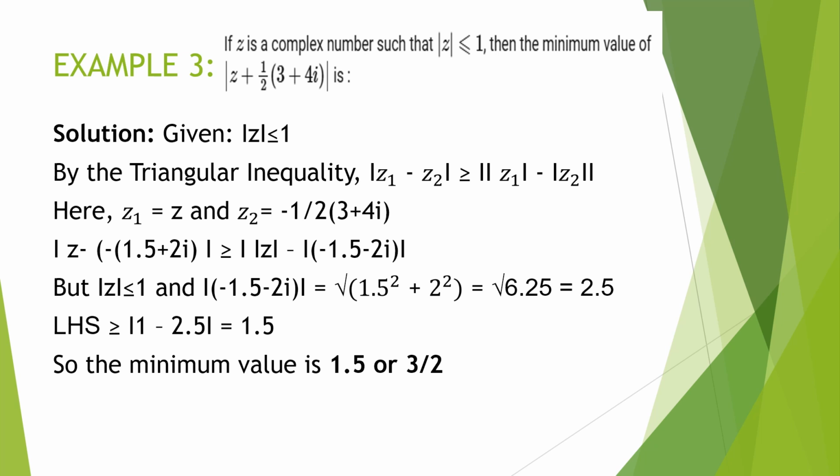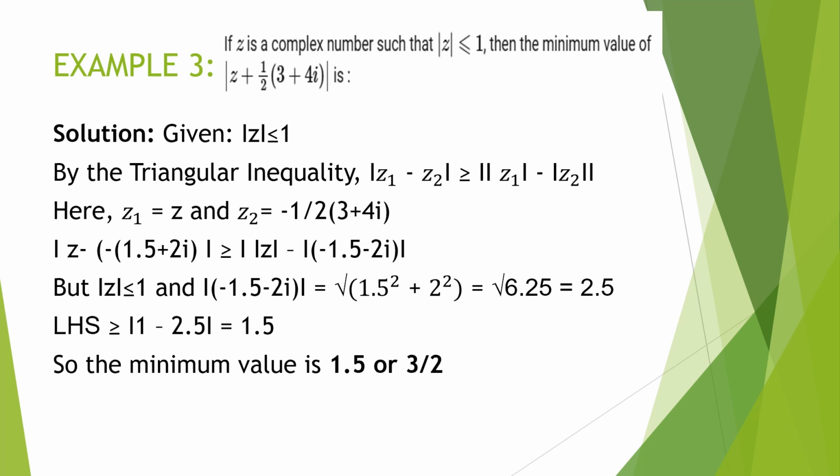So we can use the given inequality: mod of z1 minus z2, the left hand side, is greater than or equal to mod z minus mod of minus 1.5 minus 2i. Now mod z less than or equal to 1 is given to us, and mod of minus 1.5 minus 2i, you take out minus, it is 1.5 plus 2i. So you know mod is given by root of a square plus b square.